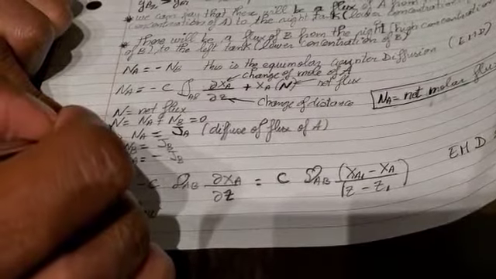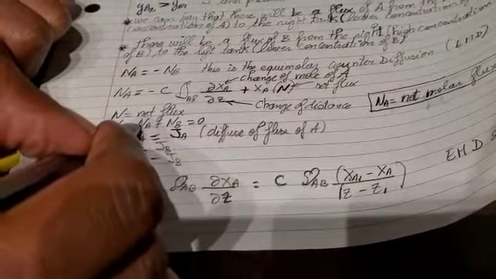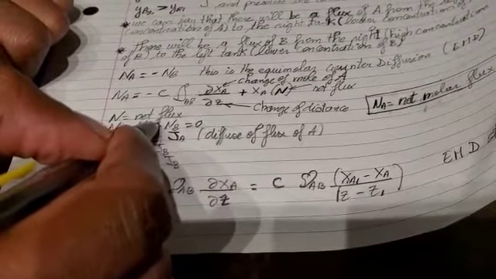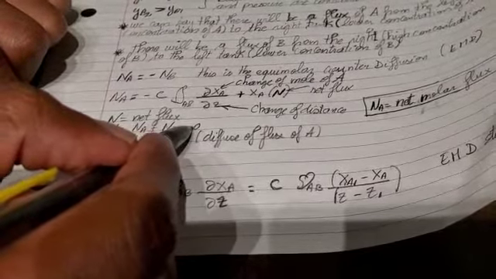We can say here that the total net flux is equal to the net molar flux of A plus the net molar flux of B, and that gives us 0.